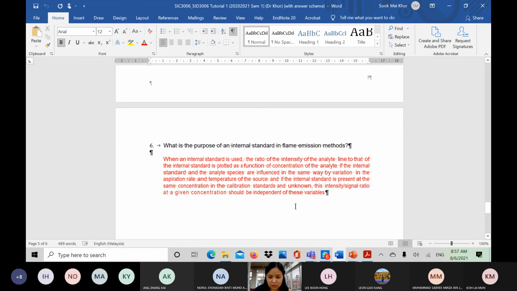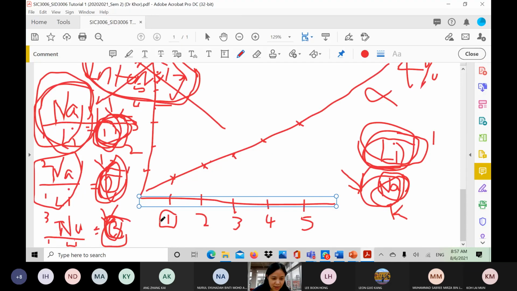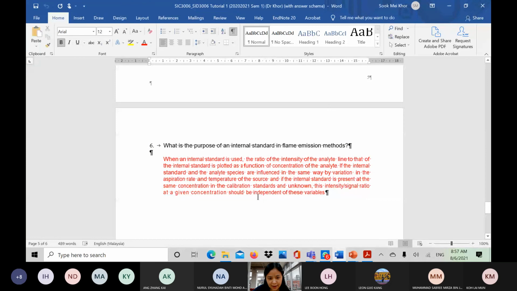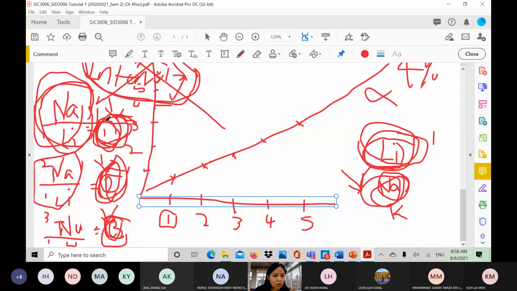At a given concentration, either 1 ppm, 2 ppm, or 3 ppm, the ratio is a constant and should be independent of these variables. What variables? The environment change, the temperature change, the aspiration change, the gas flow change. If they change, no worries, because it won't affect the constant ratio of intensity.